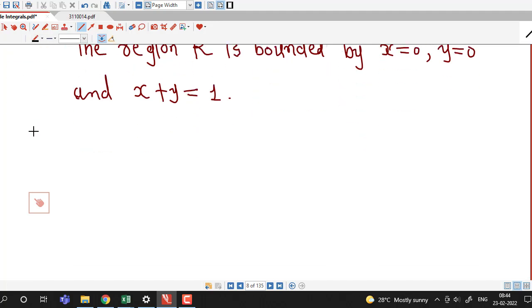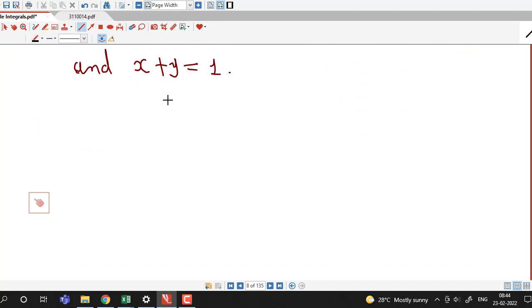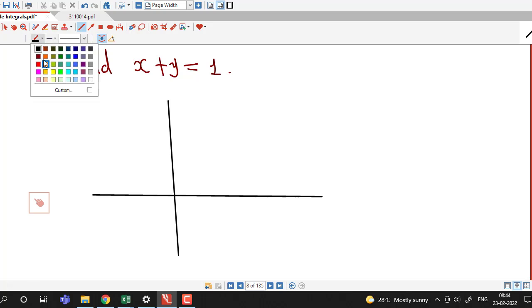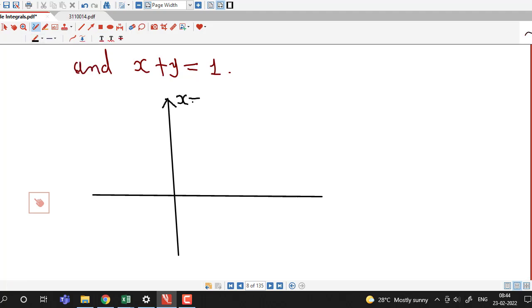First I sketch the region given for variables x and y, the region bounded by x equal to 0, y equal to 0, and the line x plus y equal to 1. This is the y axis, denoted by x equal to 0, the x axis is denoted by y equal to 0, and the line x plus y equal to 1 passes through 0, 1 and 1, 0.